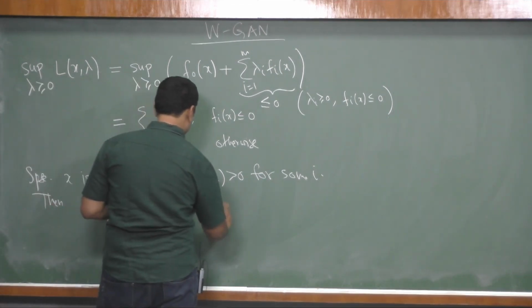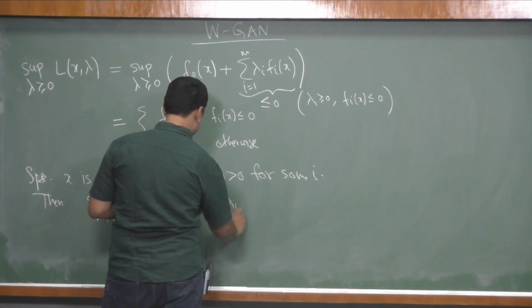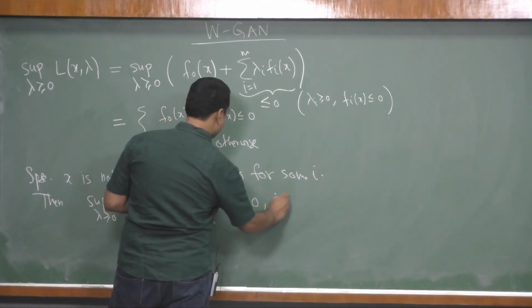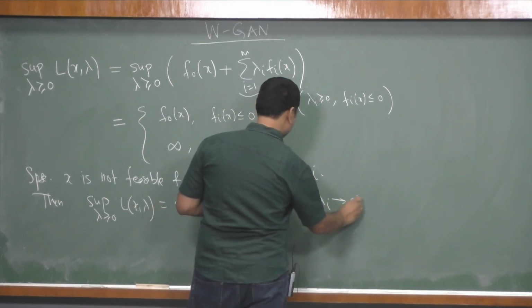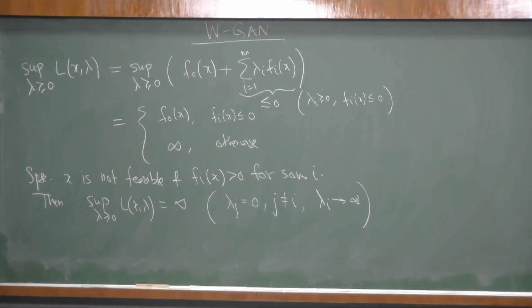It can be seen by choosing lambda j equal to 0 for j not equal to i, and lambda i tending to infinity. Okay, in that case we can let the sup go to infinity.